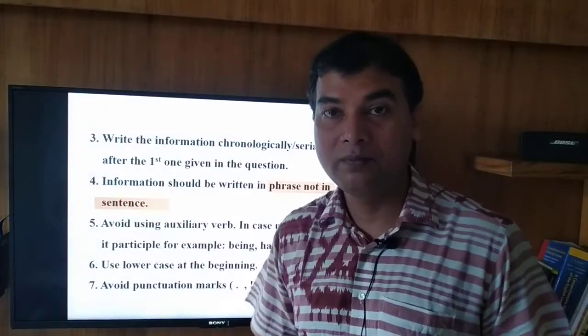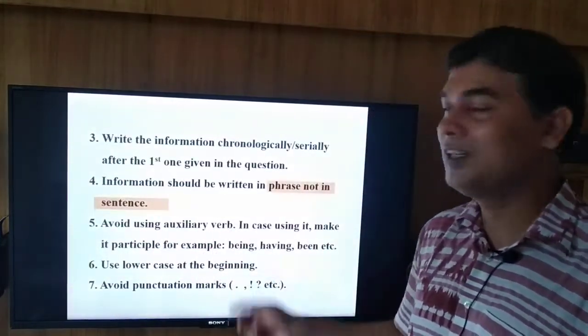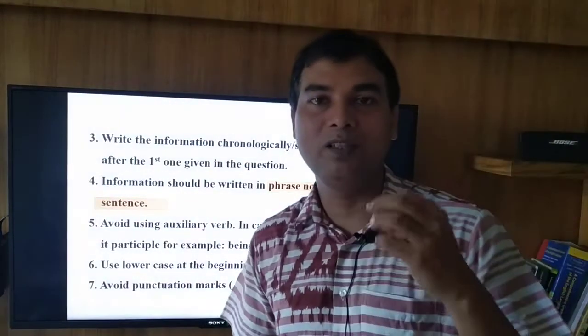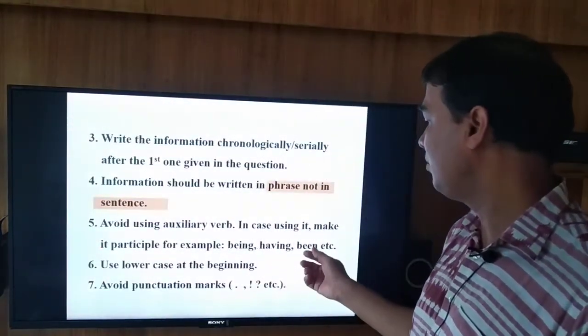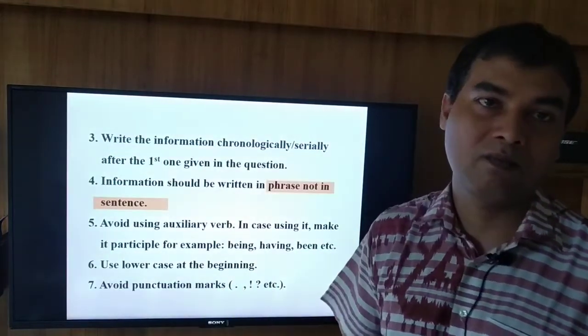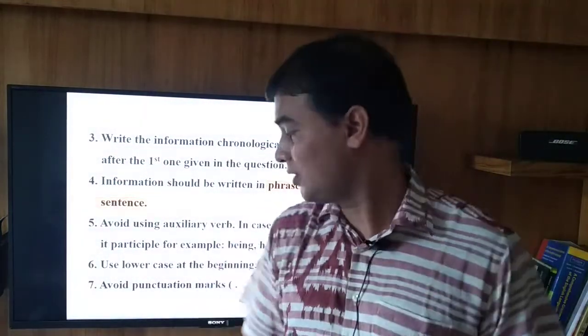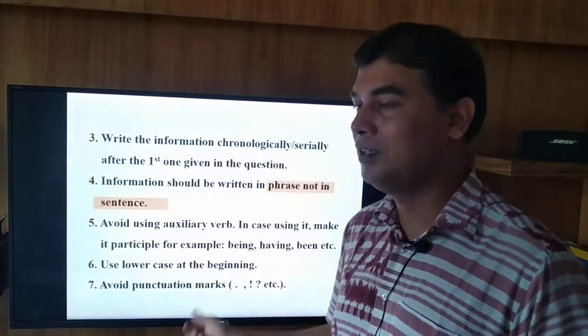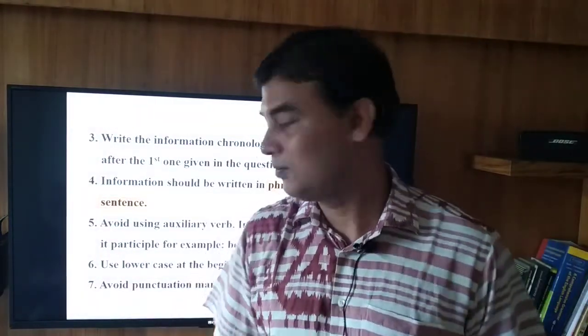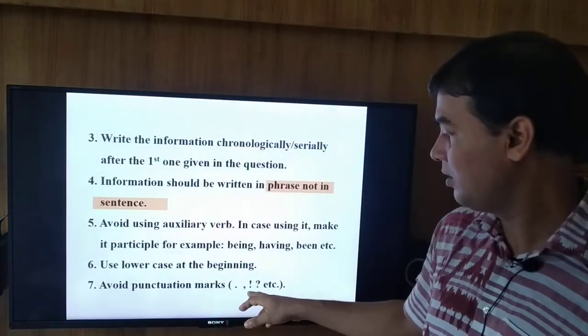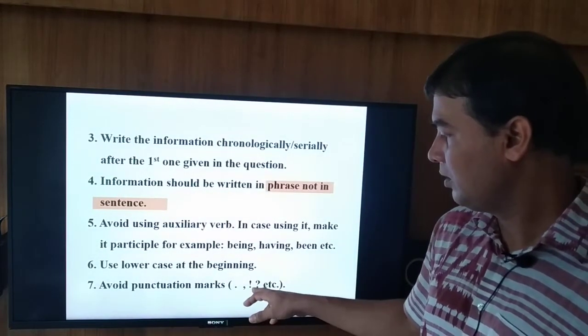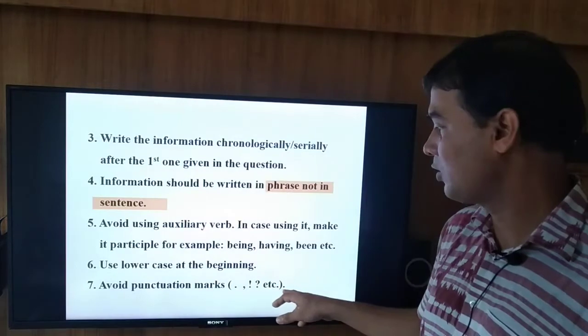Number 5, avoid using auxiliary verb, and in case you need to use an auxiliary verb, then you can write it as being, having, been, etc. in this way. Always use lowercase at the beginning. Lowercase means small letter. Okay, and avoid punctuation marks like period, comma, note of exclamation, note of interrogation, etc.